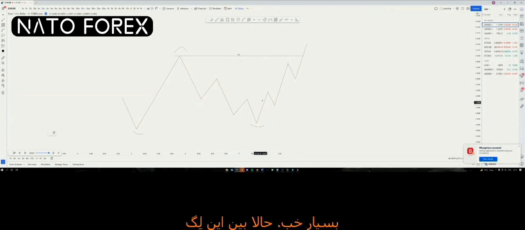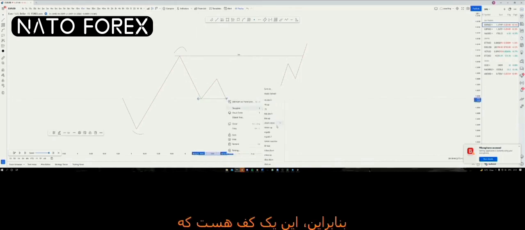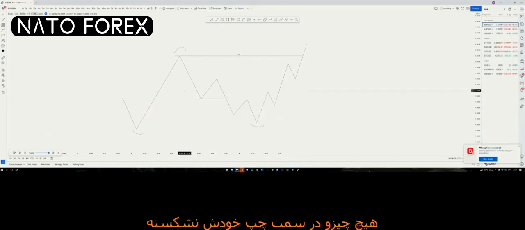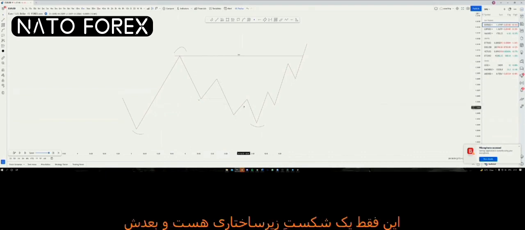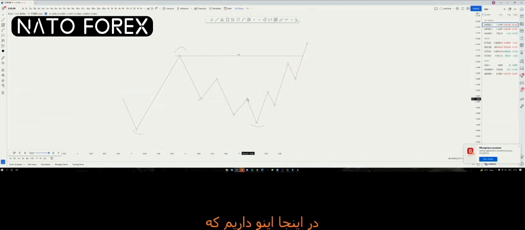Now within this leg we have a couple of different types of structure as well. We have substructure here, right? So this is a low that hasn't broken anything to the left, nothing in this leg. So this is just a substructural break, and then we get this, which is a minor structure break, because this is part of a previous leg of price.